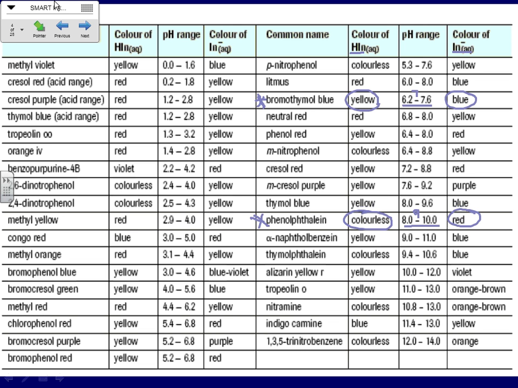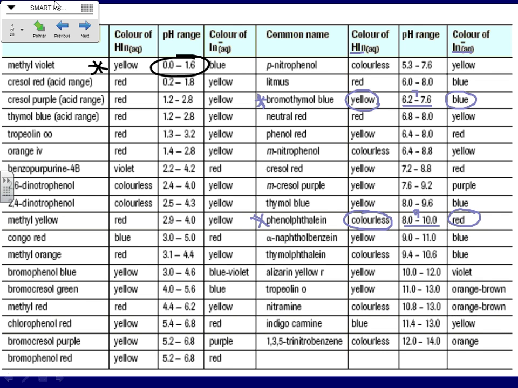All right? And so you can see that there's all kinds of different indicators, and depending on what you're titrating, and depending on where you want the color change, over here, if I look at this methyl violet right here, its color change happens way down at a highly acidic range, 0 to 1.6. It's changing color right away.